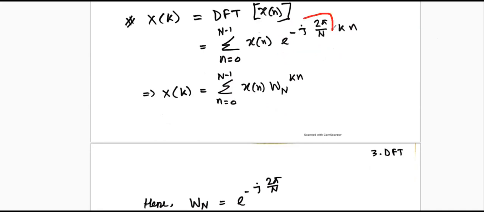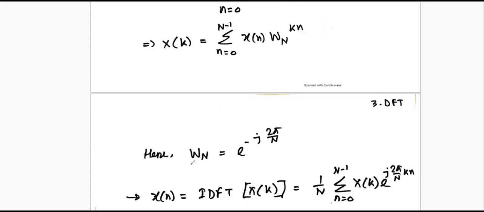So this is typically a constant value, and this can be mentioned as Wn to the power minus 1. That is, this is Wn, this subscript n represents this value of n, and k represents this value k. So we can find that this Wn is equal to e to the power minus j twice pi by n.